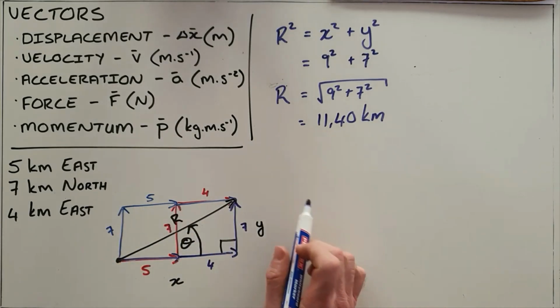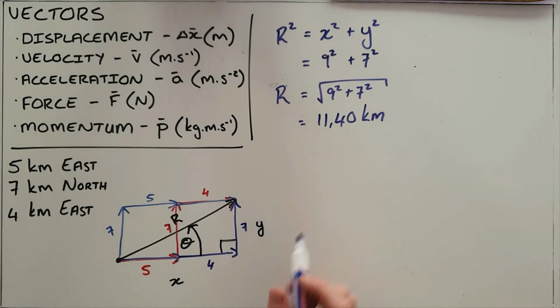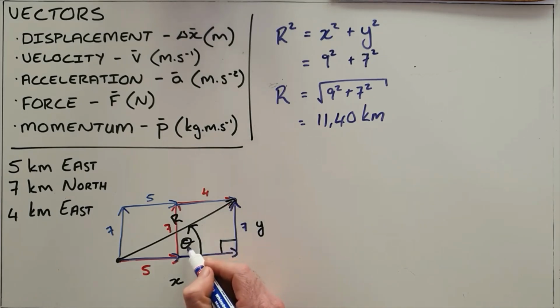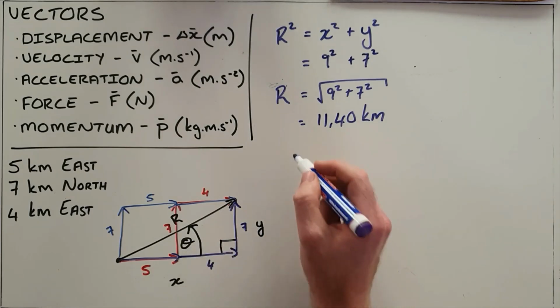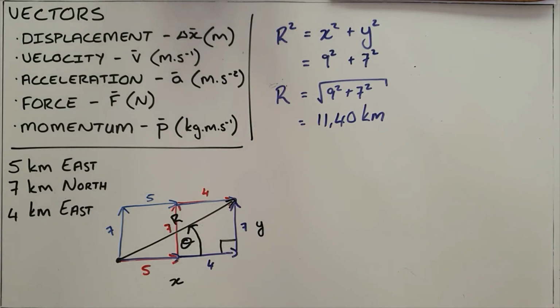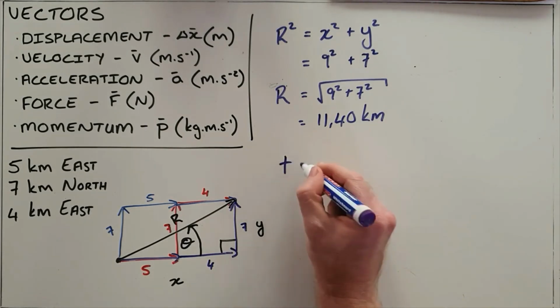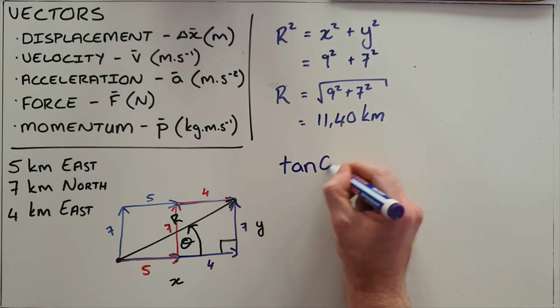Now, obviously, because this is a vector, the direction is also important. And so what we can see is that we have a right-angled triangle with an angle theta that allows us to use any one of our trigonometric functions. First one I will use is tan of theta.